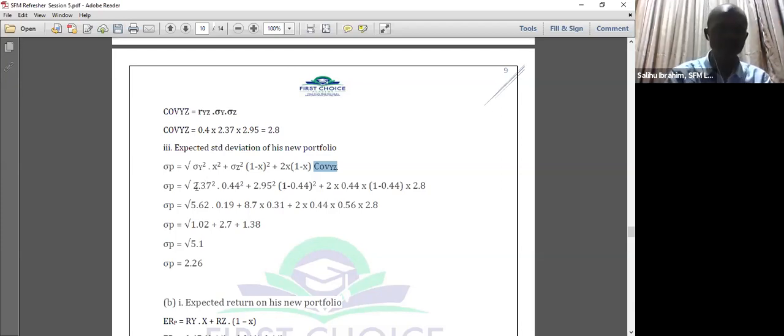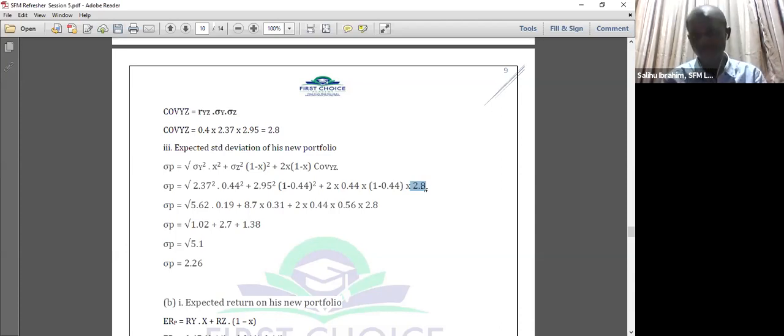So I will simply bring the standard deviation of returns on the original portfolio, squared, multiplied by the weight of the original portfolio squared, plus the weight of FCA stock squared times the standard deviation of the FCA stock squared, plus 2 times the weight of the original portfolio times the weight of FCA stock times the covariance.